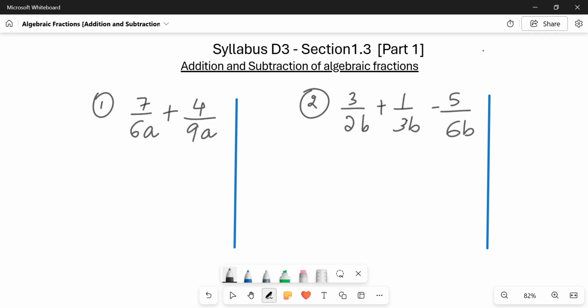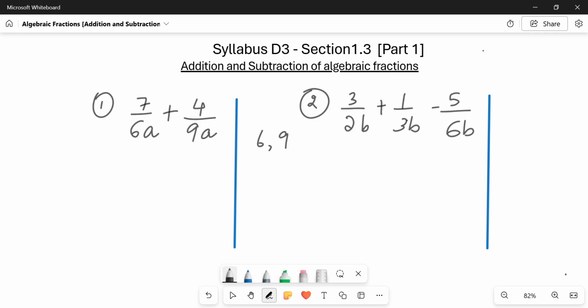So 6 and 9, what is the LCM of 6 and 9? Anyone can tell me? It's 18. Let's check. Why am I saying 18? Because 18 is in the table of 6, and 18 is also in the table of 9. So 18 comes in both the tables, right? So we will take LCM as 18.